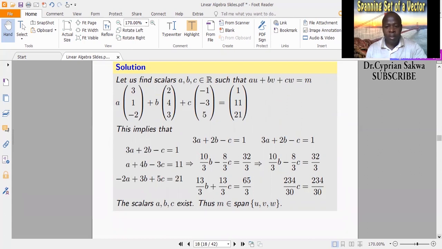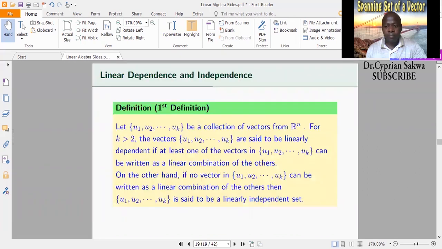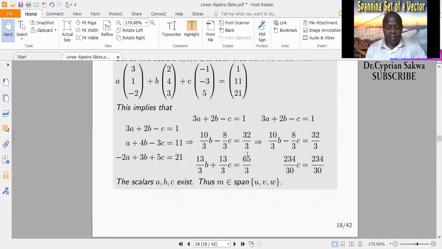You can try it and see whether you get the same thing. So that is how we find out if a vector is in a certain span. So next time we look at linear independence and linear dependence of vectors.